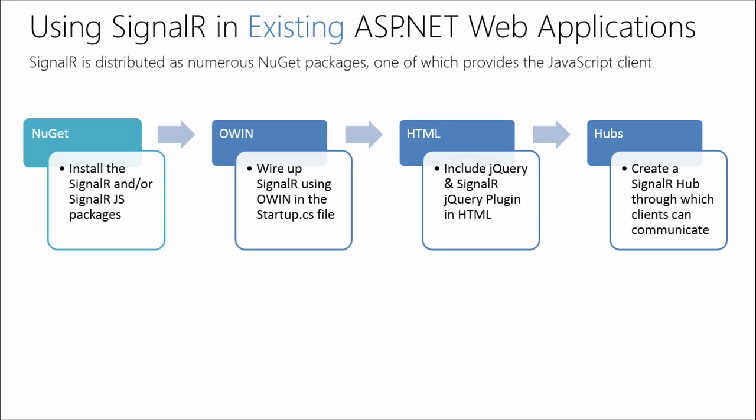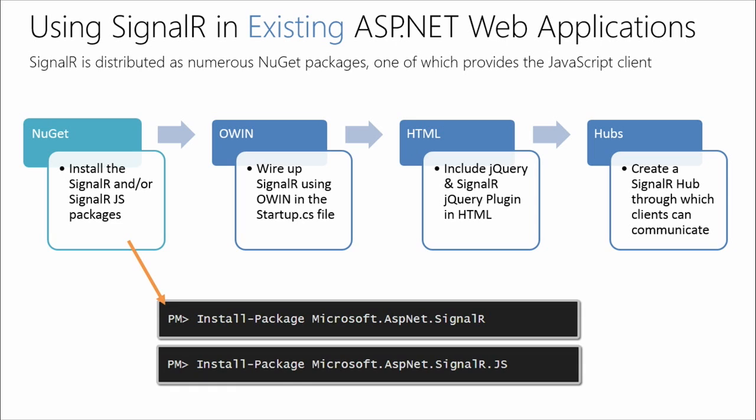The last three steps you see here, the OWIN startup class, the HTML, and creating your hub, you always have to do, even with a brand new VS 2013 project. This first step is really only if you have an older project that you're upgrading or want to add SignalR to. You just have to install the package, and that's pretty simple.